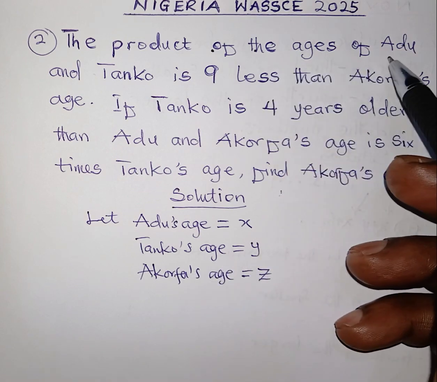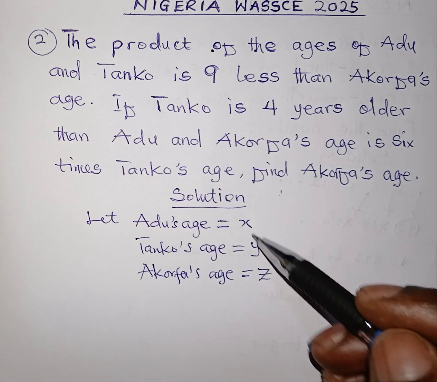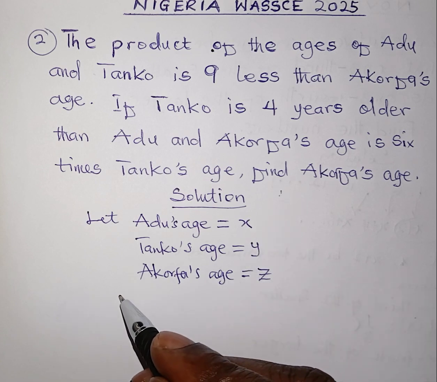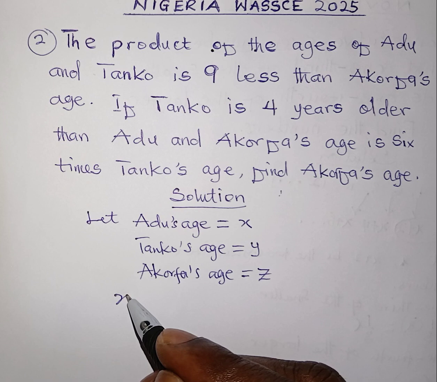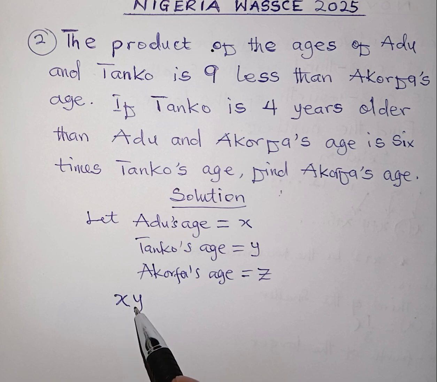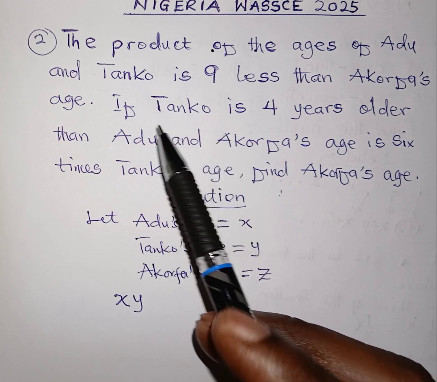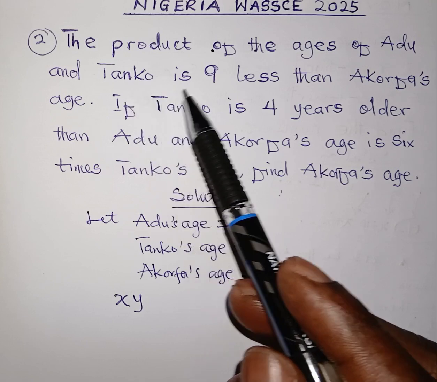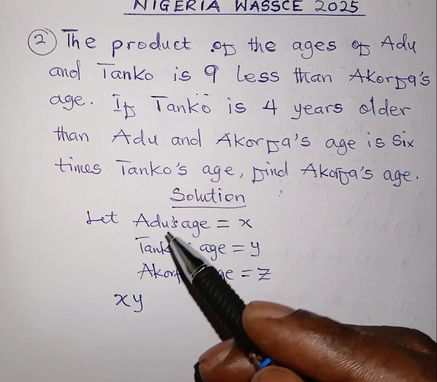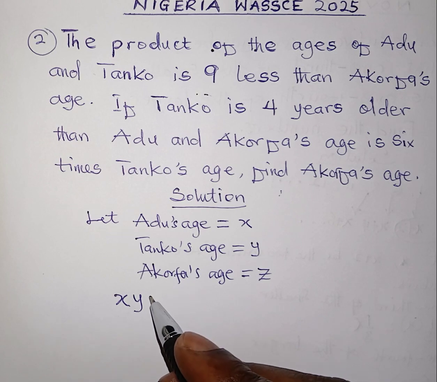So the product of Edu's age, which is X, multiplied by Tanko's age, Y. That's the product. And we are also saying that it is 9 less than, so I will bring my equal to sign.